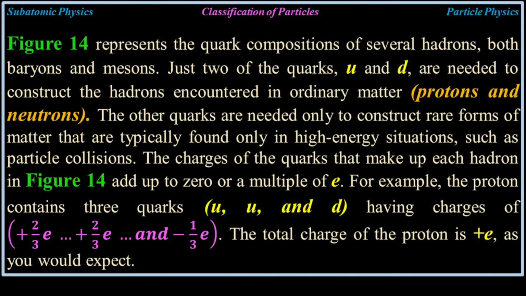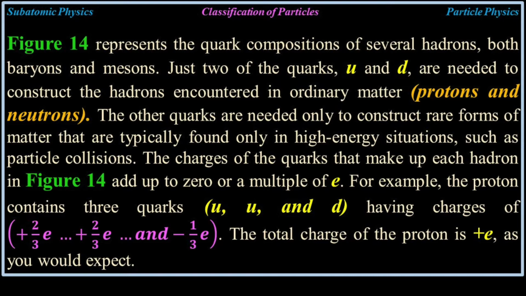The charges of the quarks that make up each hadron in Figure 14 add up to 0 or a multiple of e. For example, the proton contains 3 quarks, u, u, and d, having charges of plus 2/3 e, plus 2/3 e, and minus 1/3 e.